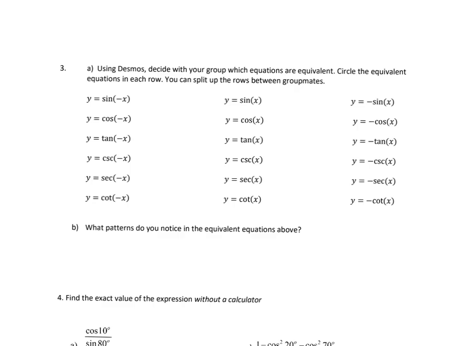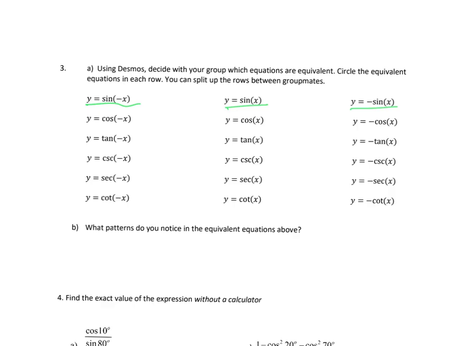Here you're going to use Desmos, and you can work with a partner or individually. You're going to decide which equations are equivalent. So I want you to go to Desmos.com, the graphing calculator, and plug in sine of negative x, sine of x, and negative sine of x, and graph them all on the same plane, and decide which of the two are the same.